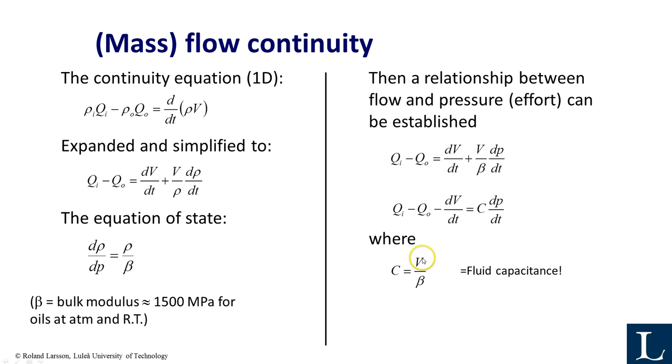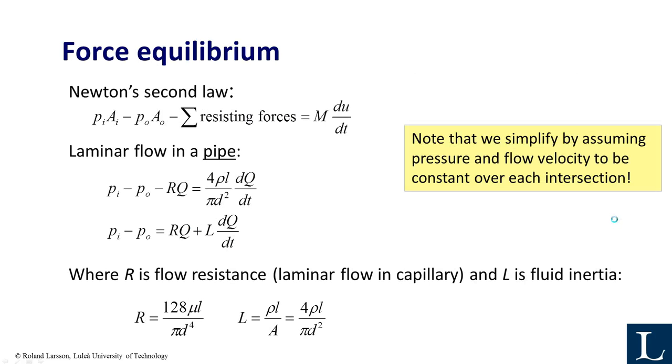The bigger the volume, the softer the lubricant, the bigger the capacitance is. Or we can also rearrange it a little bit to show the relationship between the P and the Q in that way. Okay, so that's one part of this story. That was when we applied the fluid flow continuity equation.